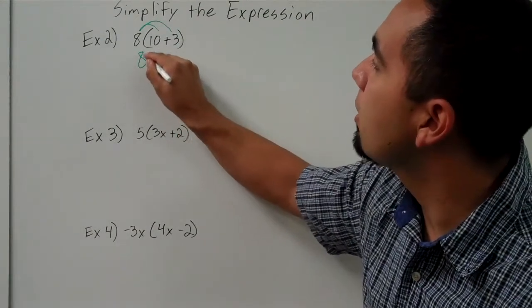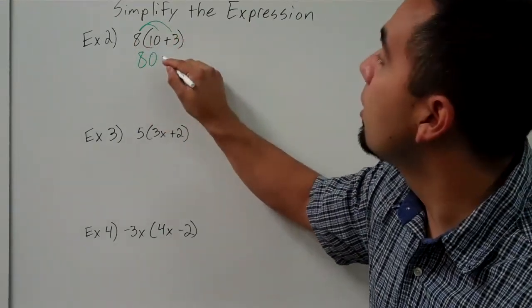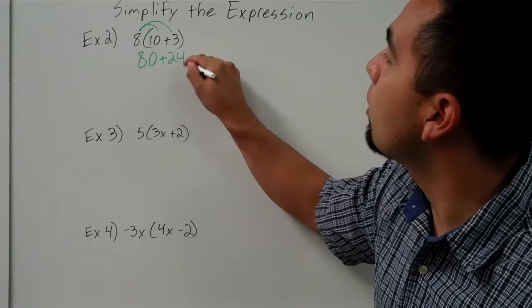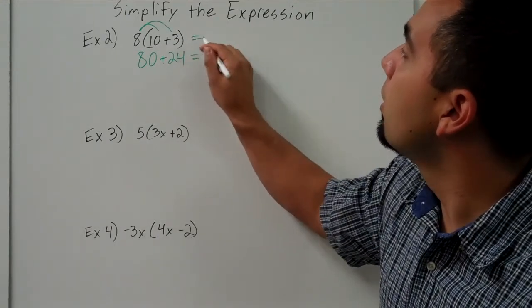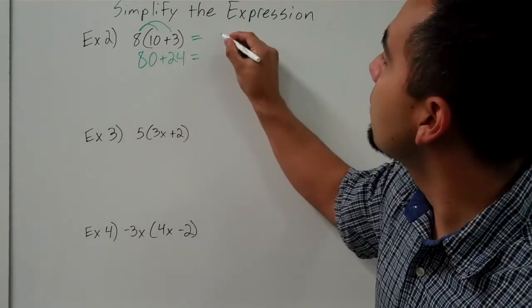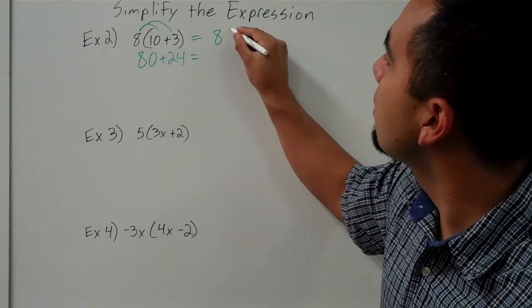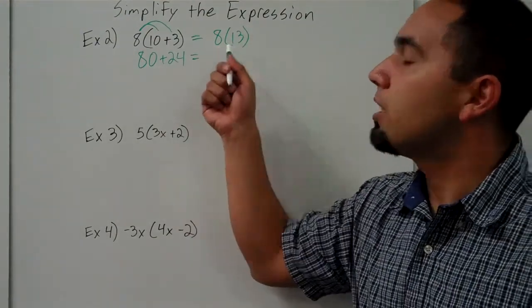So 8 times 10, we get 80. And then 8 times 3, we get 24. Just real quick, we could have actually added these together first. If you did that, you would get 8 times 13.